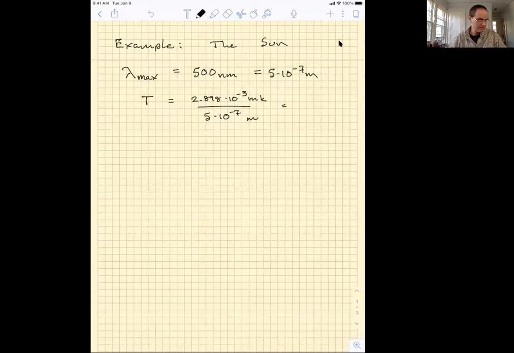And so, taking a moment with the calculator, we find that the temperature should be about 5,800 Kelvin. Pretty slick, right?